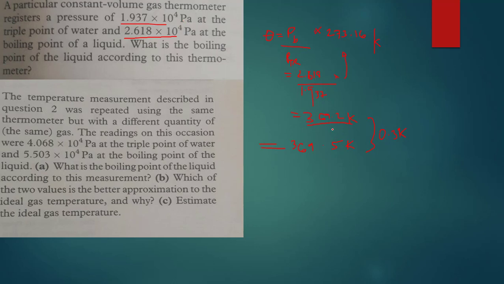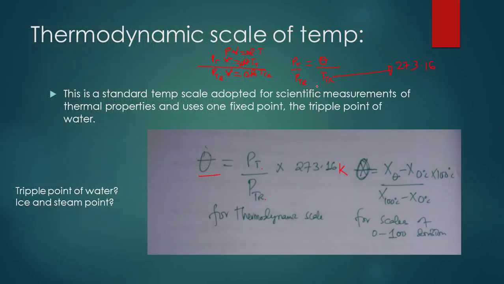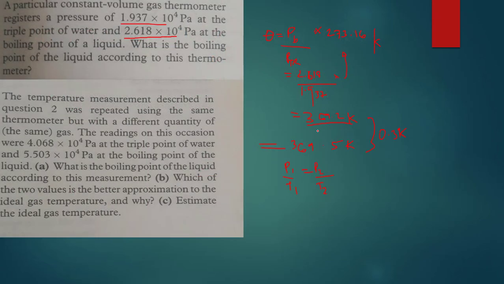So we know that pressure 1 over T1 is equal to pressure 2 over T2. I think you remember we did this here, we were deriving the same thing. And by the way, this is Charles law, which shows the variation of pressure with temperature. P1 over T1 equals P2 over T2.